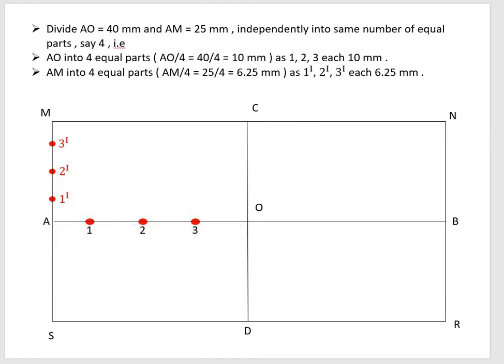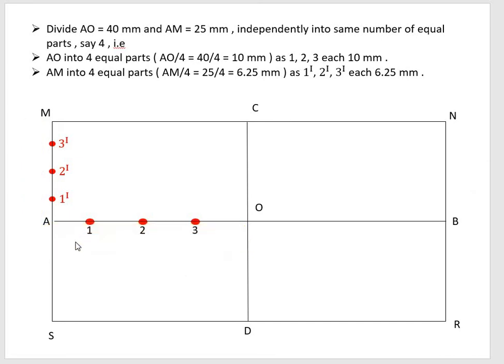How to divide? You see here. If AO is 40, to divide it into 4 parts, simply divide the length by 4. 40 by 4 is 10 mm, so each length will be 10: 10, 10, 10 and 10. It is 40. Similarly, AM is 25. 25 divided by 4 is 6.25, so 6.25 plus 6.25 plus 6.25 plus 6.25.